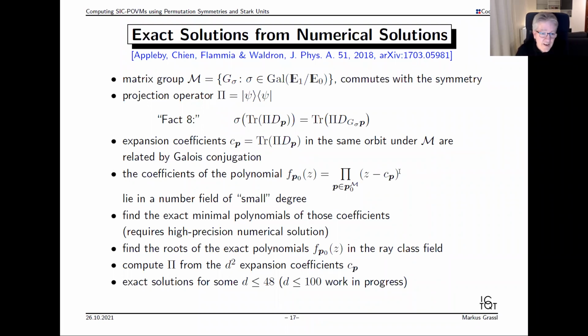And since it's invariant under the Galois action, the coefficients of this polynomial lie in a number field of small degree. In the minimal case, this field would be the Hilbert class field, or we might even go down when we take the full group to this quadratic field.